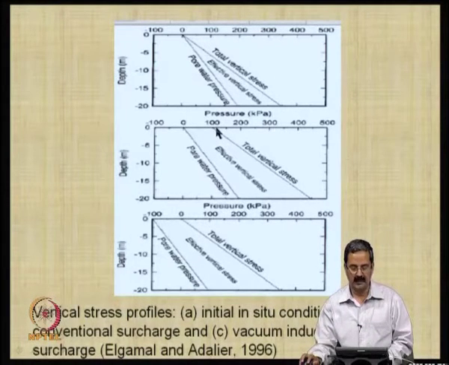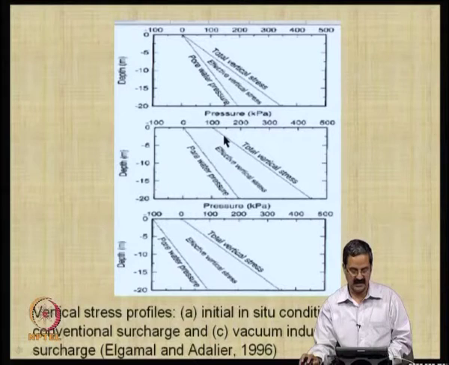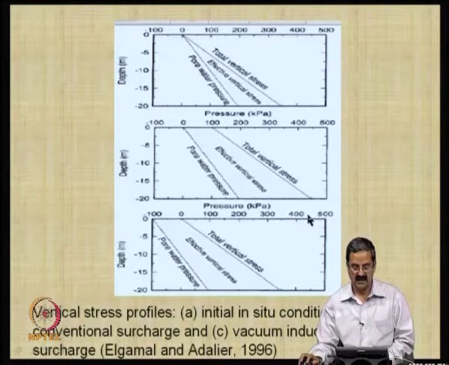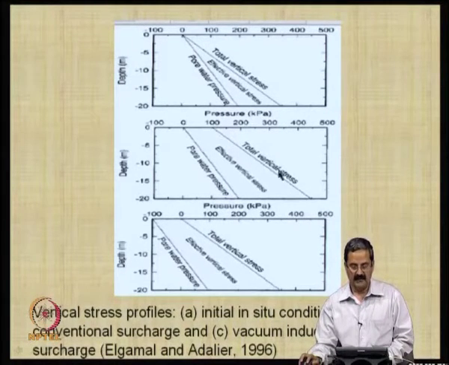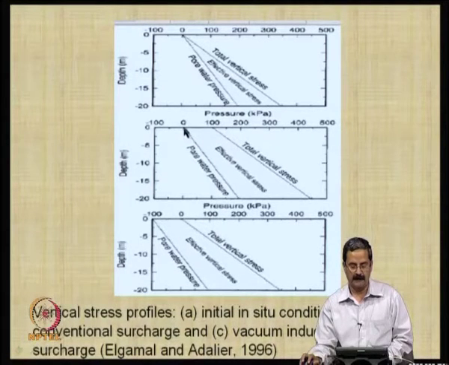Now, what did you do because of the consolidation or the conventional surcharge? You have increased the total vertical stress, okay. The pore pressure line is here. So, you have increased this range of effective stresses, that is what we did, and you can see that it starts from 0, pore pressure is 0, and then it increases.